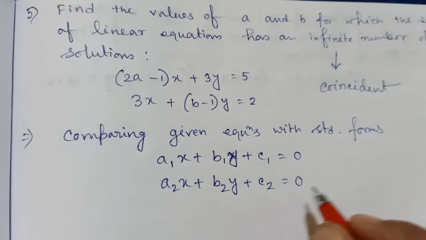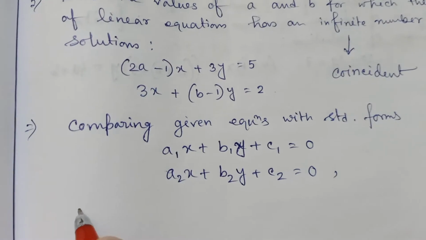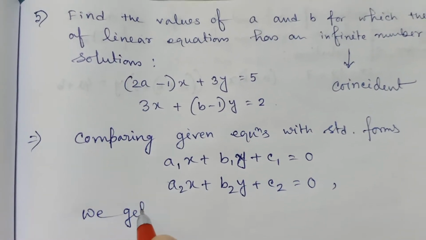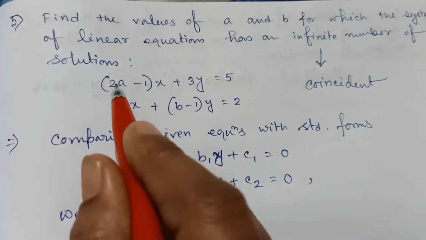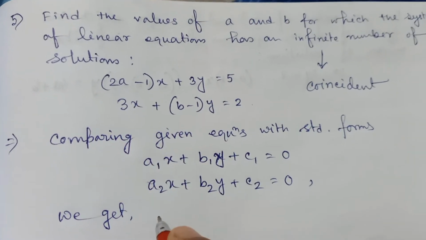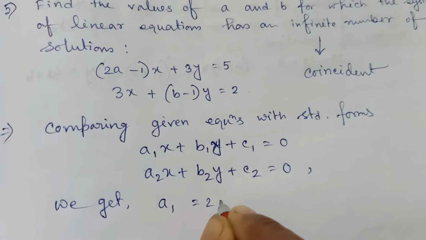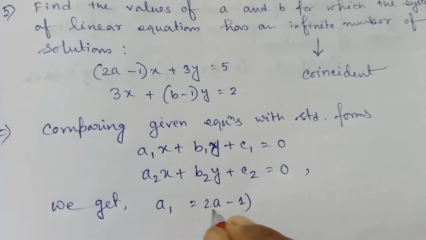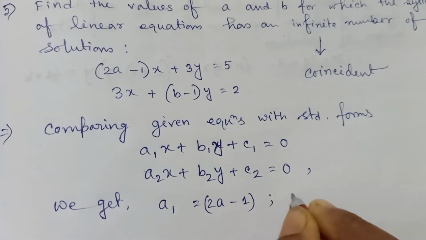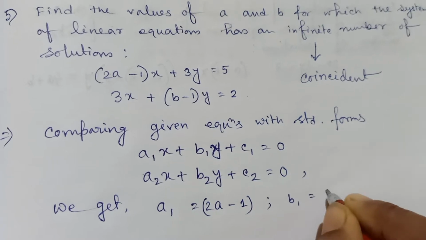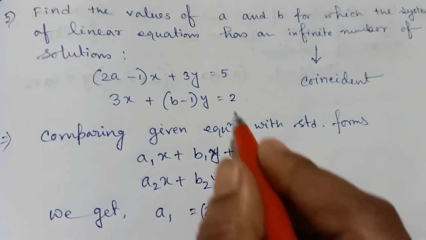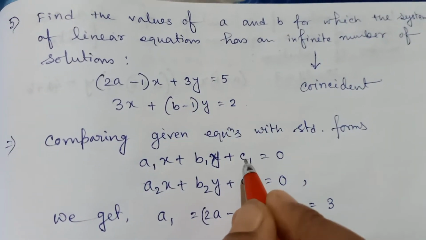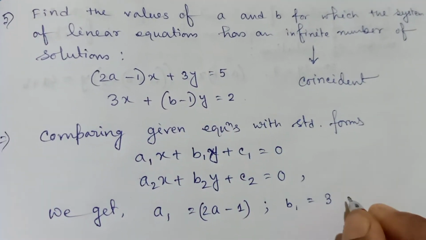So what will we be getting? Just after comparison, we will get a1 equals 2a minus 1, right? Then b1 equals 3. c1 is actually before the equal sign, that means c1 will be minus 5.